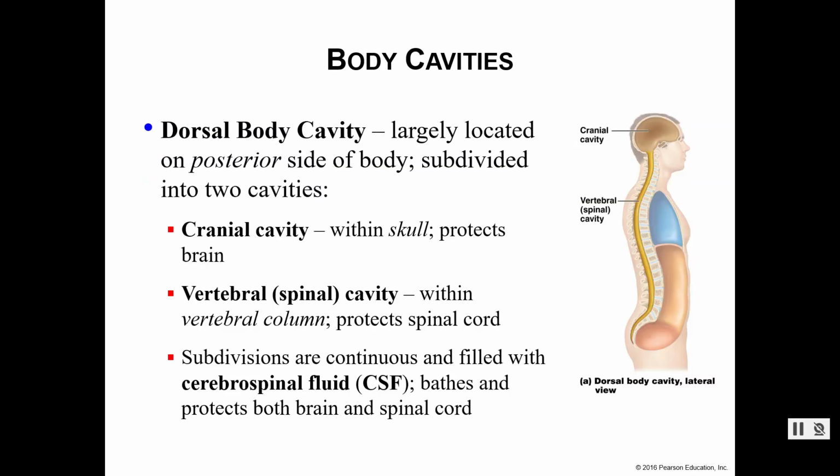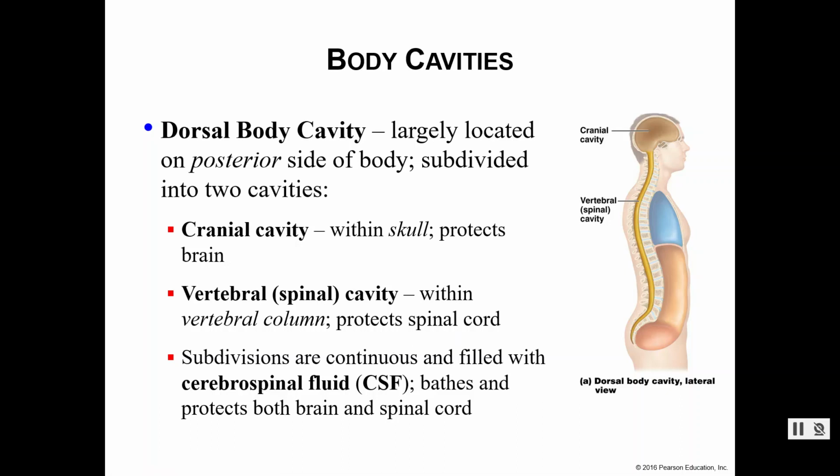So your dorsal body cavity, okay, dorsal or posterior, anything on the back side. We have two subcategories. You've got your cranial cavity, it includes your skull, which protects your big old brain, and then your vertebral cavity, or if you want to refer to it as your spinal cavity. This is where your vertebral column lives, and it protects your spinal cord.